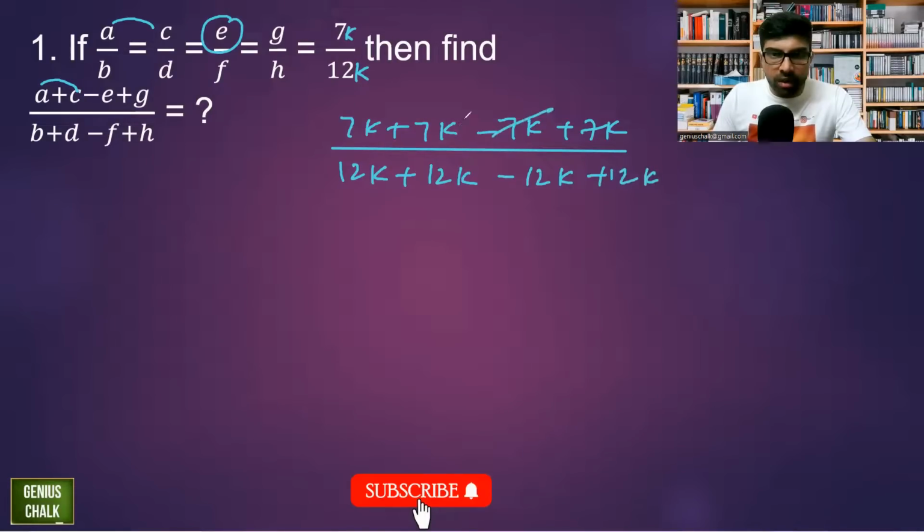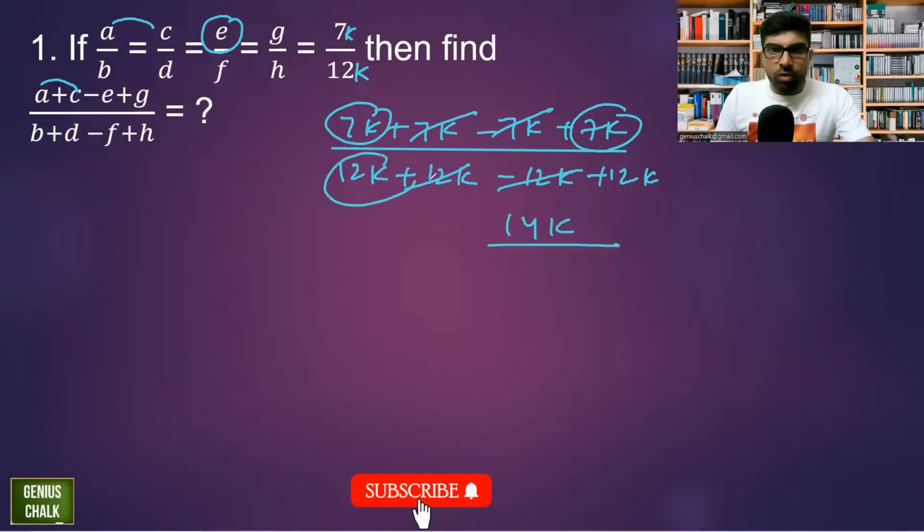So 7k and 7k get cancelled, 12k and 12k get cancelled. 7k plus 7k is 14k, and 12k plus 12k is 24k. So k cancels, and 14 and 24 cancel by 2. So the actual answer is again 7 by 12.